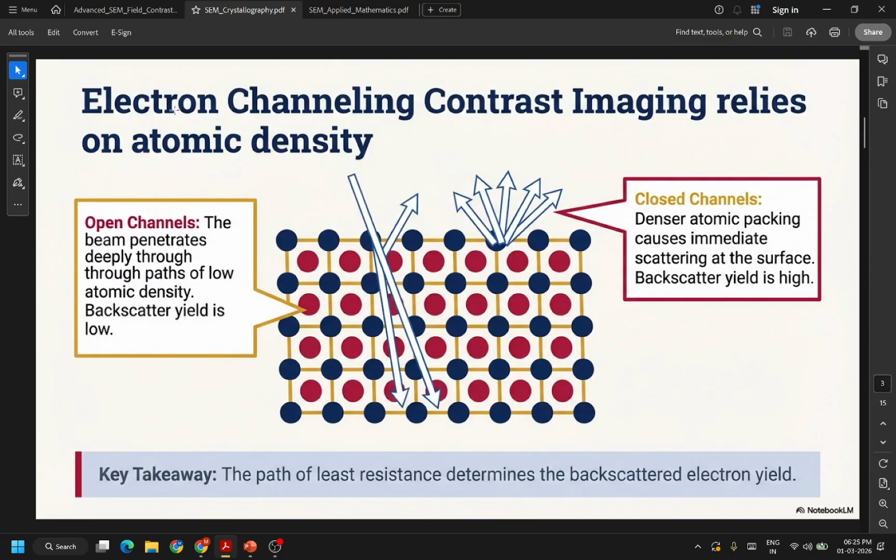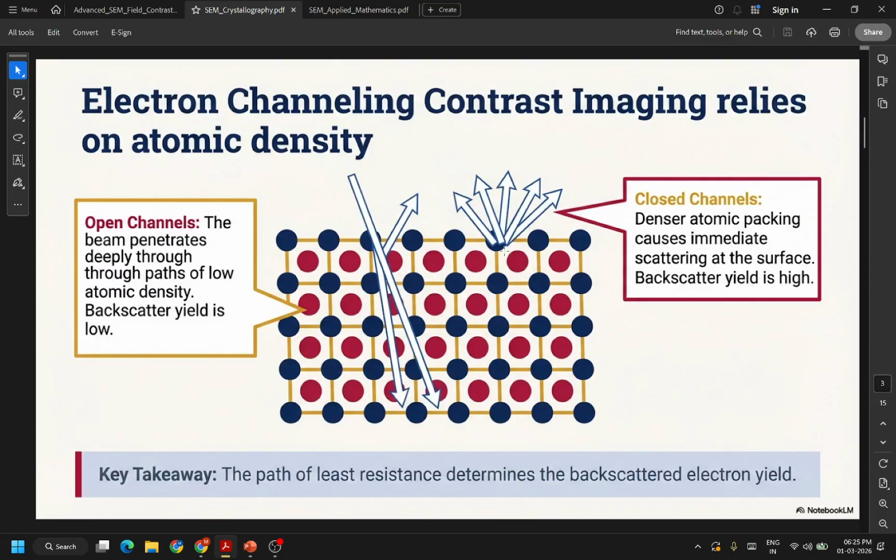In certain directions you will have a very low atomic density, which are called open channels. Since your atomic density is low, the electron is able to penetrate deep into the sample, and if it goes very deep, it will be very difficult for your electrons to come out. So the backscatter yield becomes low.